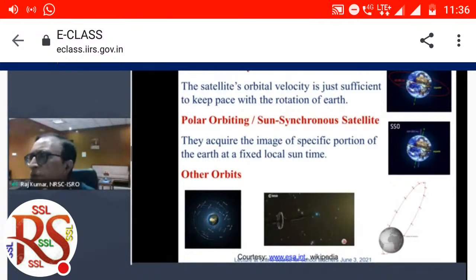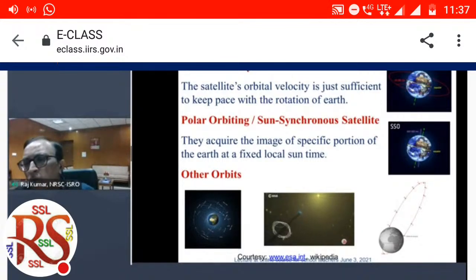We are not going into much detail, but it can be solved by equations. At that height, the spin of the Earth and the spin of the satellite are exactly matched, so you are seeing almost the same area all the time. This type of orbit is basically used for weather satellites, that means for seeing atmospheric phenomena.